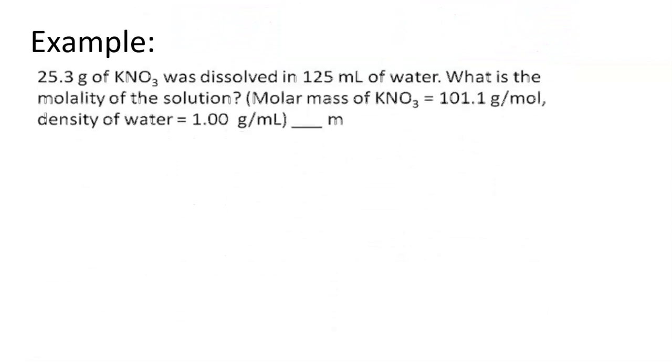So here we have a problem in which we have 25.3 grams of potassium nitrate, and they are dissolved in 125 milliliters of water. Now, in this instance, it is a little bit more challenging because if you notice, they're asking for the molality of solution.